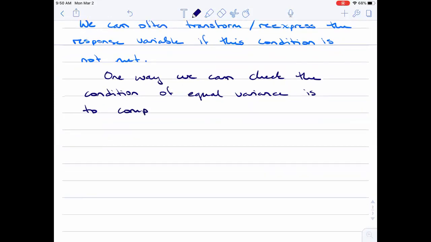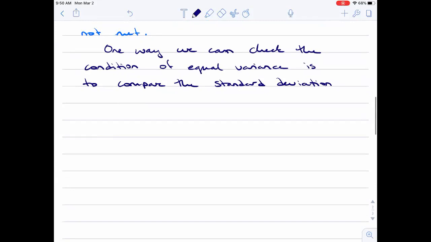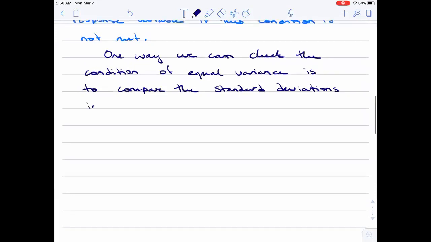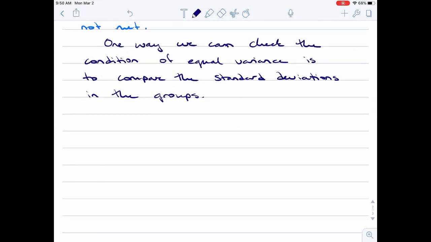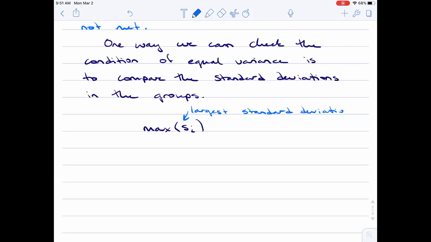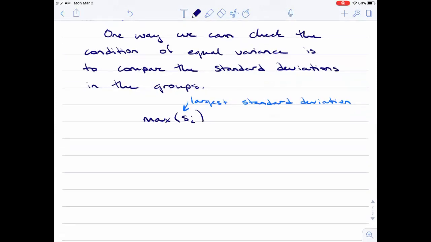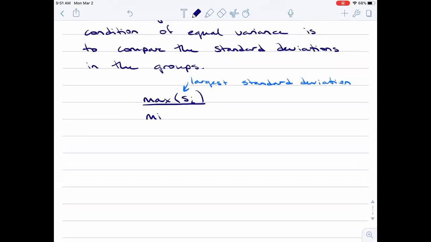Specifically, we would calculate the maximum s_i, the largest standard deviation for some group, divided by the smallest standard deviation.